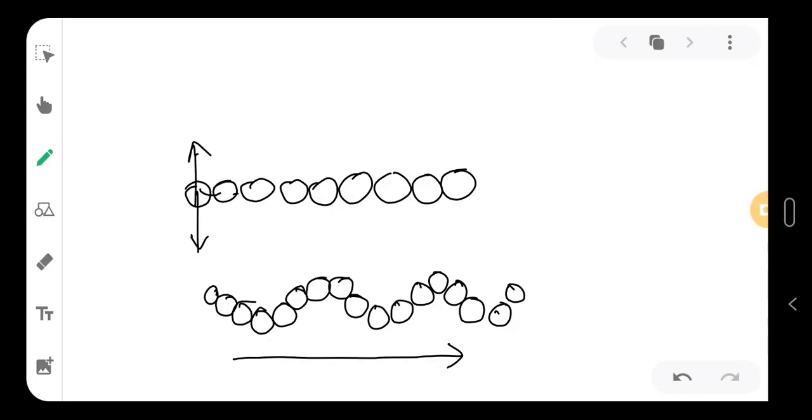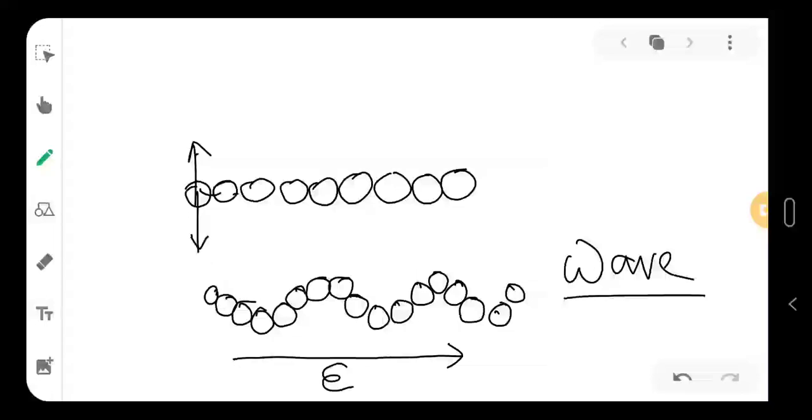That means the wave is created by the collective oscillations of these particles. When the disturbance, the oscillation, or the energy from the first particle is transmitted through the whole medium, it is called a wave.